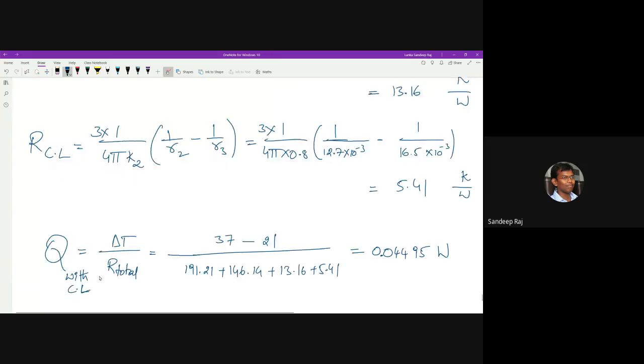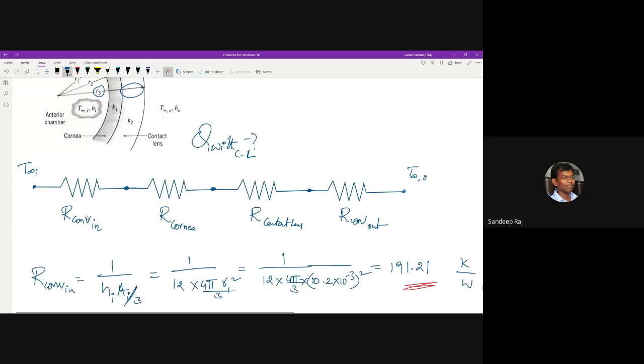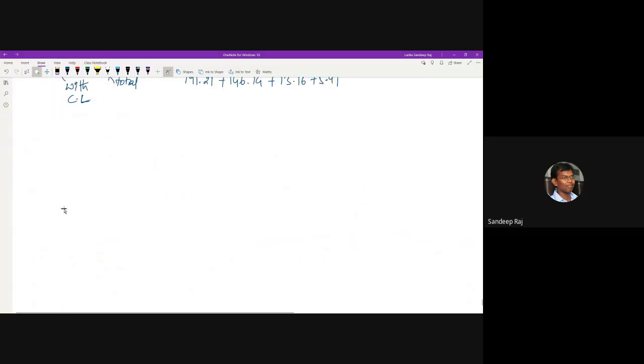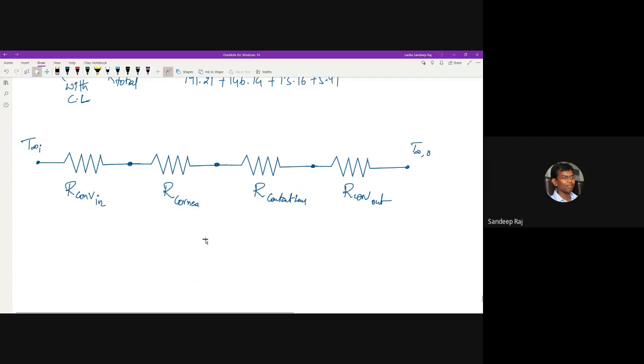Okay. Now we have to calculate it without the contact lens. For that, we have to draw the resistance circuit again. So in this resistance circuit, now I don't have the contact lens, so I'll remove this part.